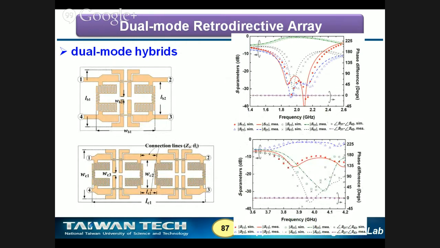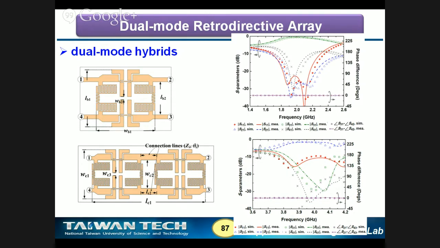So you can take a look. This is the response of this crossover. In the low band, it is ideally a crossover: the signal goes from port 1 to port 3 and port 2 to port 4. But in the high band, this is our first design, so the response somehow is not really very good, but it's still okay.